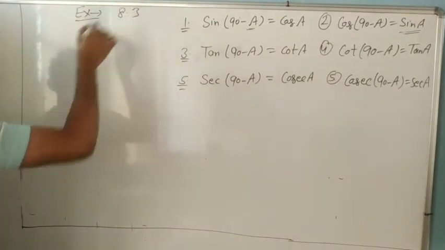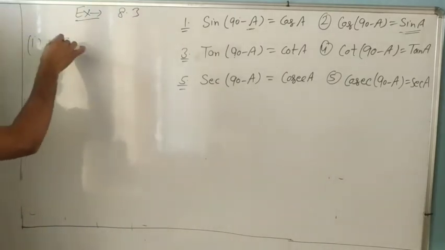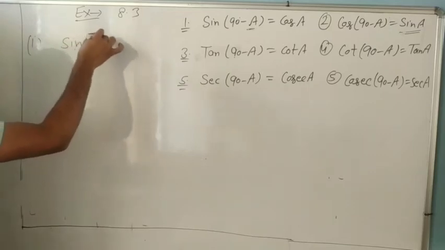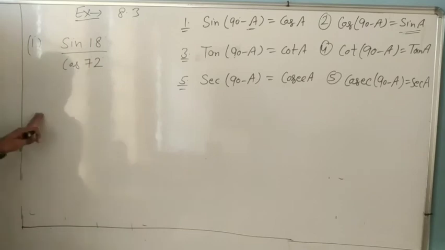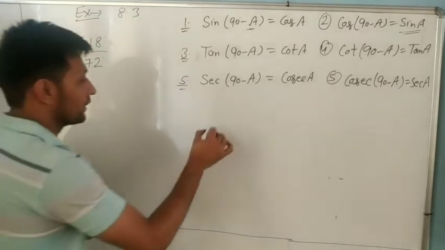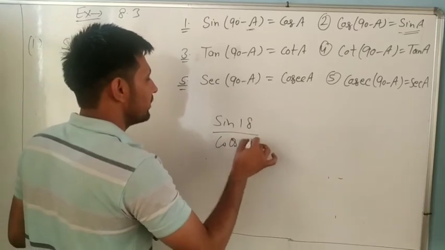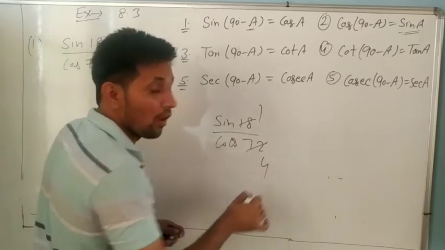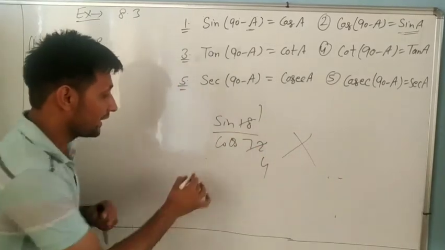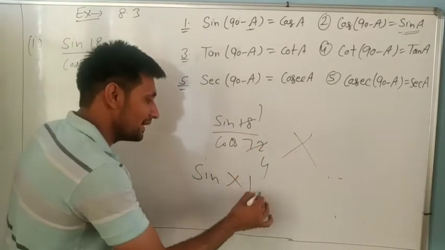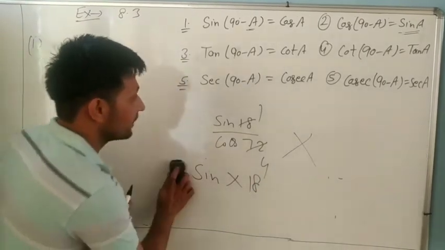Look at 8.3, first question. It is sin 18 divided by cos 72. Look here. Don't cut. Sin 18, cos 72. We cannot cut. Why? Because it is not meaning sin into 18. You know na? It is only an angle. We cannot cut.